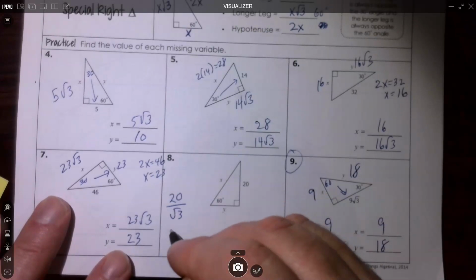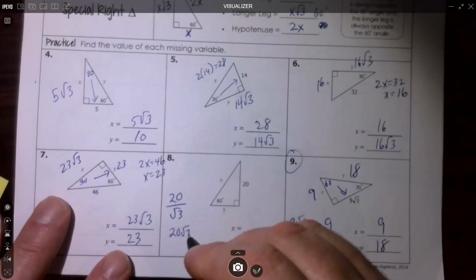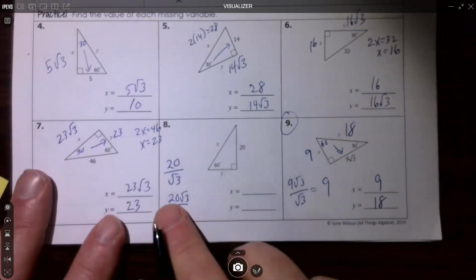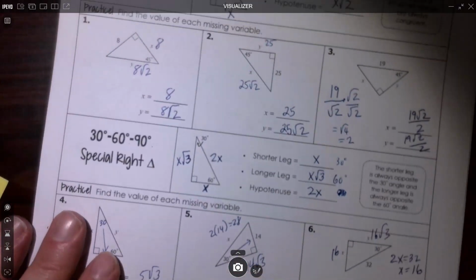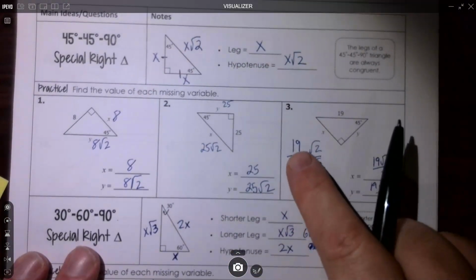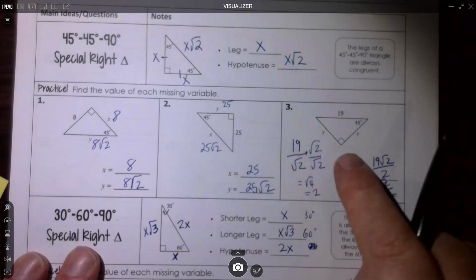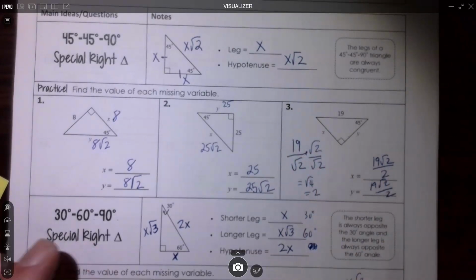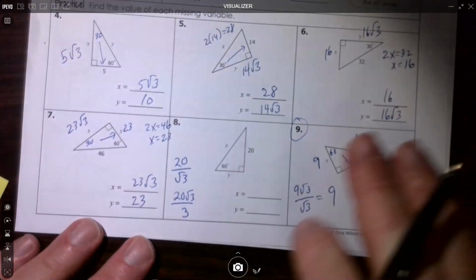And remember, I just showed you, just take 20 square root of 3 and write a 3 under it. Put it next to it. That's what I told you right here. Looks like you're sliding it up, so the square root of 3 slides up, and then the 3 becomes a 3 without a square root on it. That's what I'm doing here.